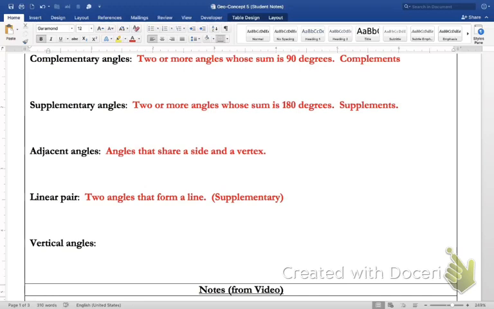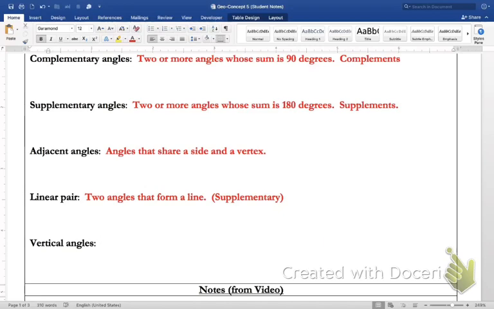And so a picture of that would look a lot like what supplementary angles up top look like. So here's a line, and here's angle 8 and 9. Angle 8 and angle 9 form a linear pair because they're going to make that line, and they're supplementary, meaning they add up to 180 degrees.